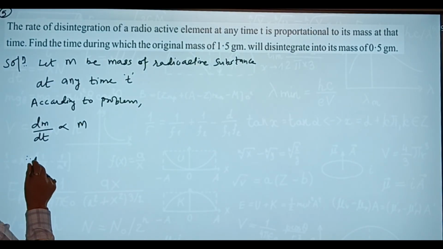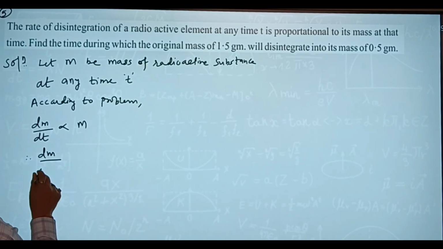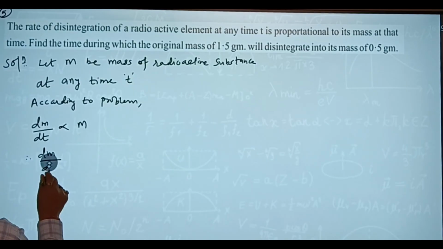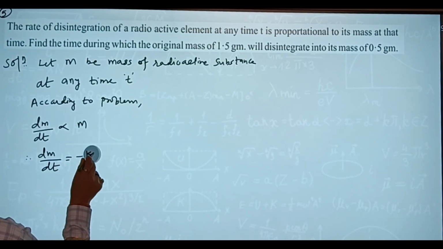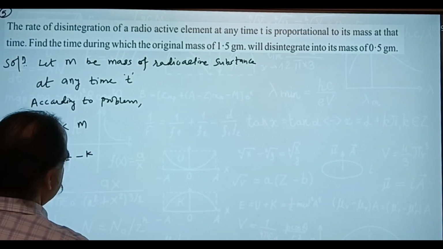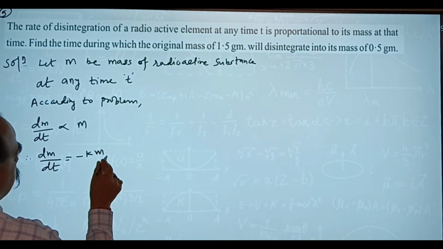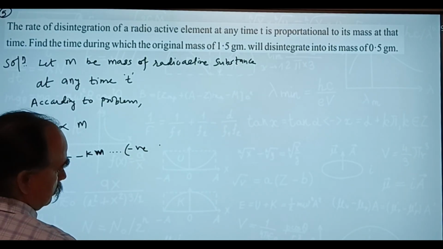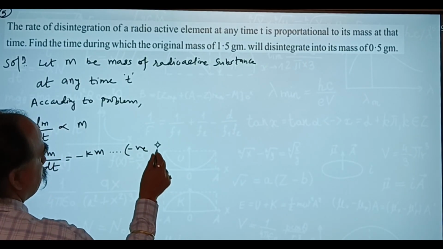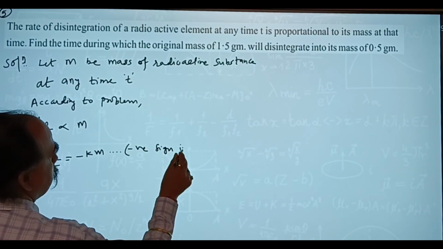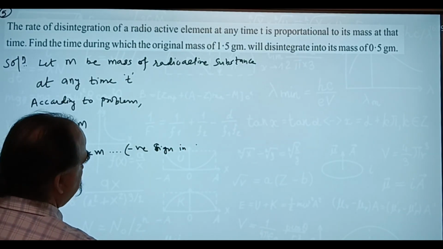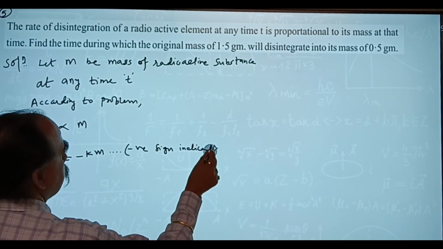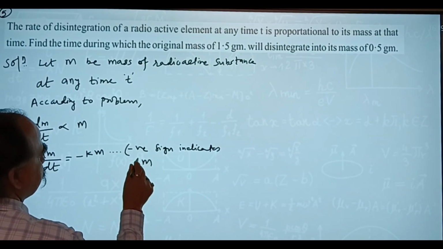So dm by dt is what? Minus km. Negative sign indicates m is decreasing.